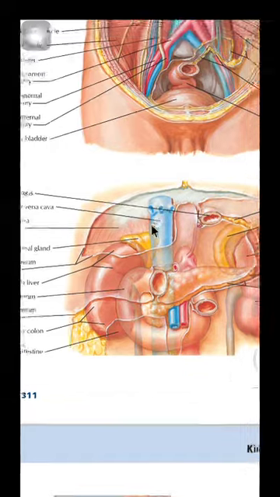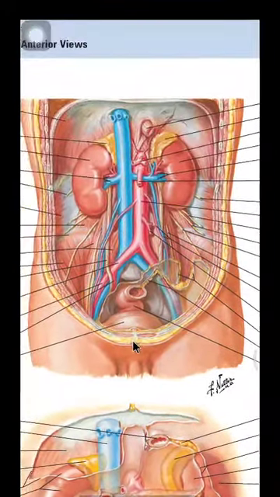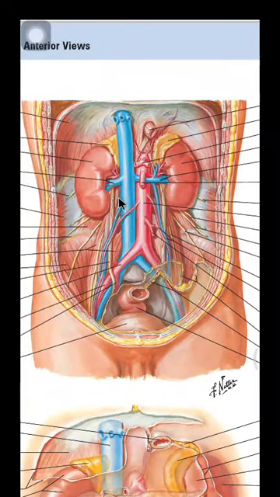It is obvious that the anterior relations of the right and left ureters will be different on both sides. On the right side, as we saw already, that is the second and third parts of the duodenum over this region. Then downwards you have the right pair of gonadal vessels, right gonadal vein and right gonadal artery.